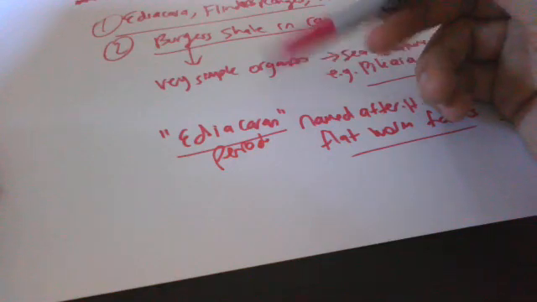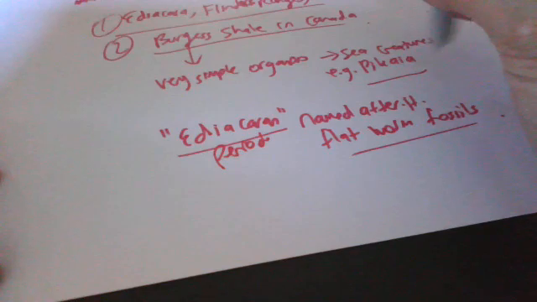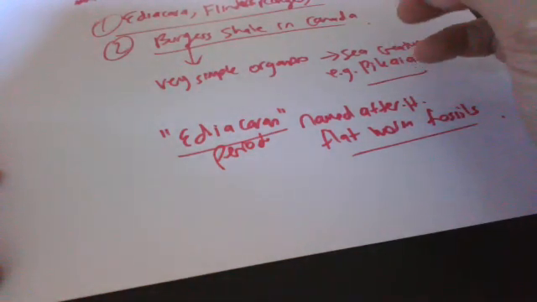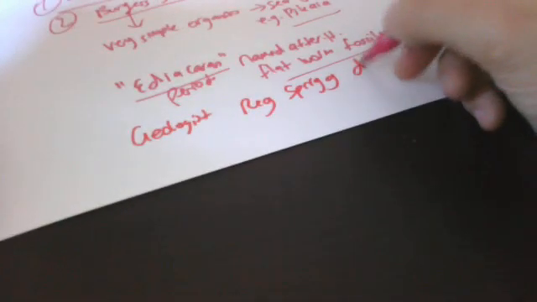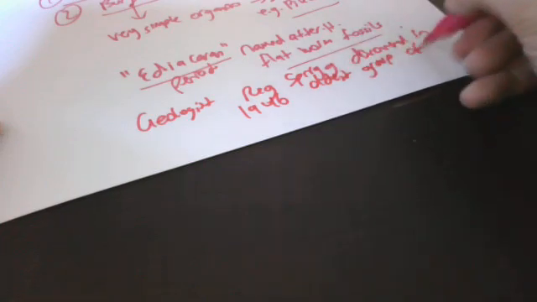There was an Australian geologist named Reg Sprigg who discovered in 1946 the oldest group of multicellular organisms in this region.